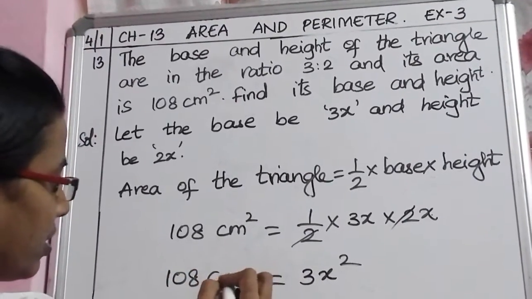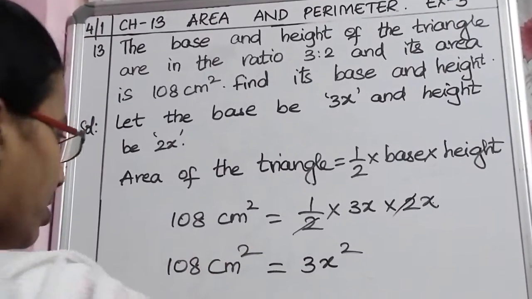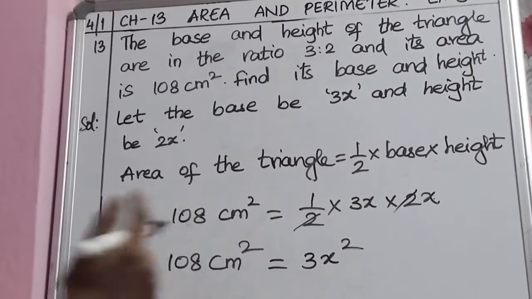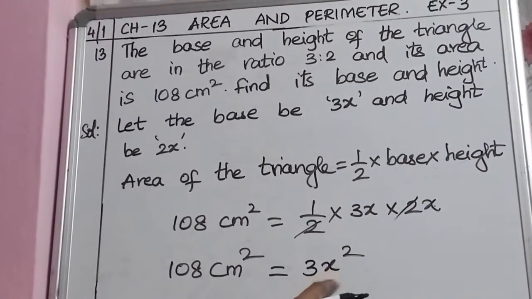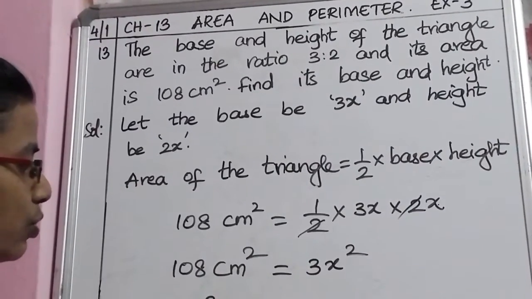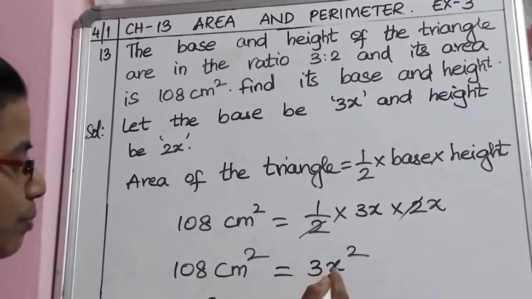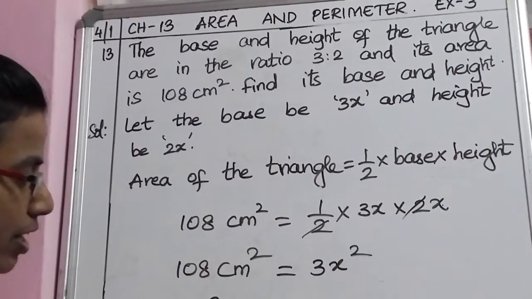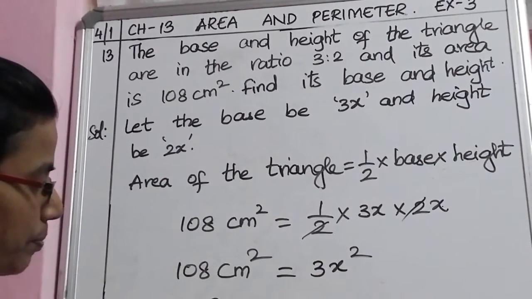108 square centimeters. So now we are trying to find out the value of x. So x square is equal to 108. Multiplication, when it is transposed to the other side, it becomes division.